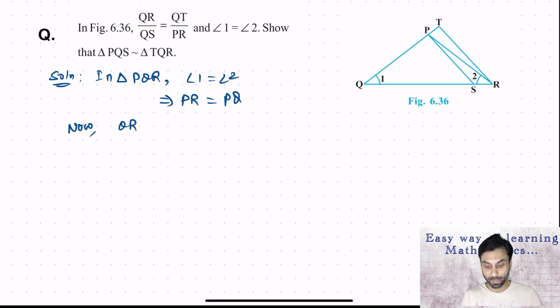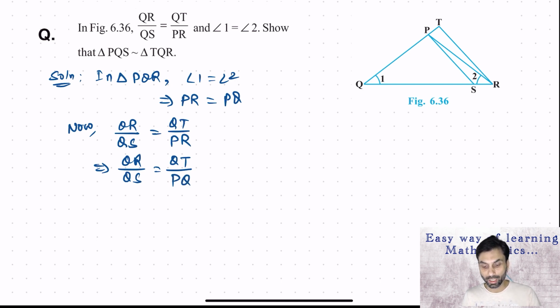Now we'll take the given statement, which is QR upon QS equals QT upon PR. Here we can write it as QR upon QS equals QT, and PR we can replace by PQ, as we know that PR and PQ are equal.